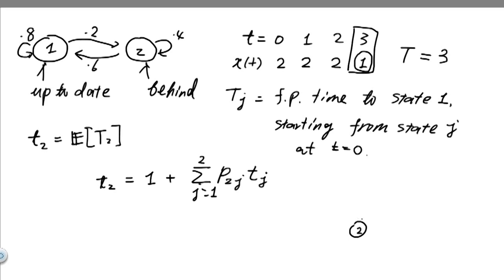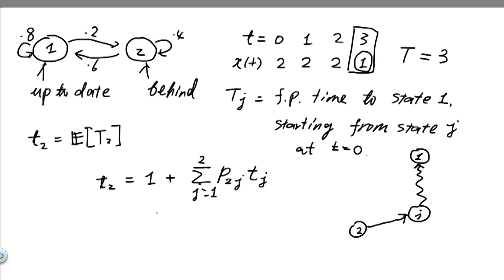We don't actually know how long it's going to take for us to enter state 1. But we do know after one step, we will be going to some other state, let's call it state j. And from state j, it's going to take some time to finally enter state 1. So this equation essentially says the time for us to first enter state 1 from 2 is 1, which is the next step, plus the expected time from that point on to enter 1. So that constitutes our recurrence relationship.